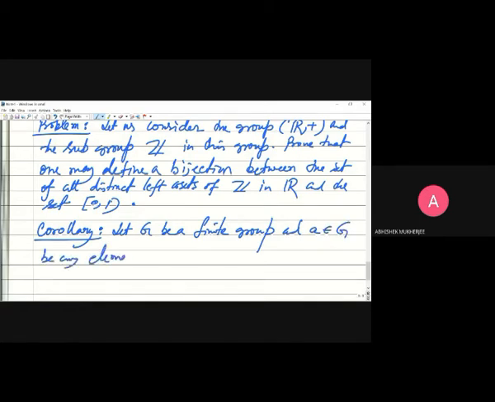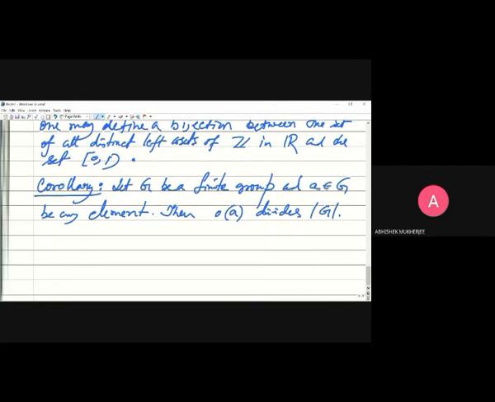Then you can show that the order of the element a divides the order of the group. That is an interesting fact, and using this you can guess the possibilities for the order of an element.